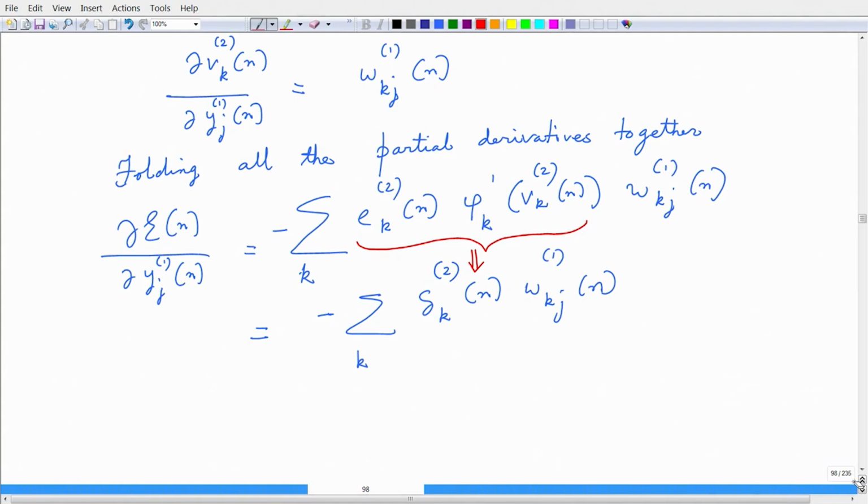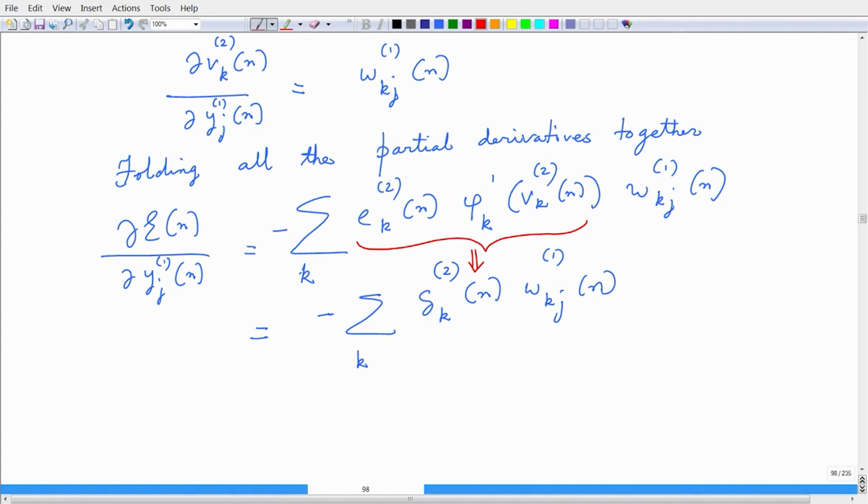So now we have the big picture here. Now folding all the partial derivatives together, the partial of the total instantaneous energy with respect to the function signal at node j in layer 1 is given by this quantity minus summation over k e_k(n) times phi_k dash of v_k(n) times.